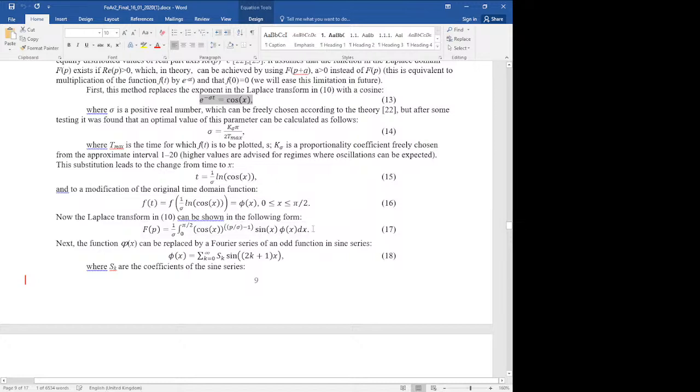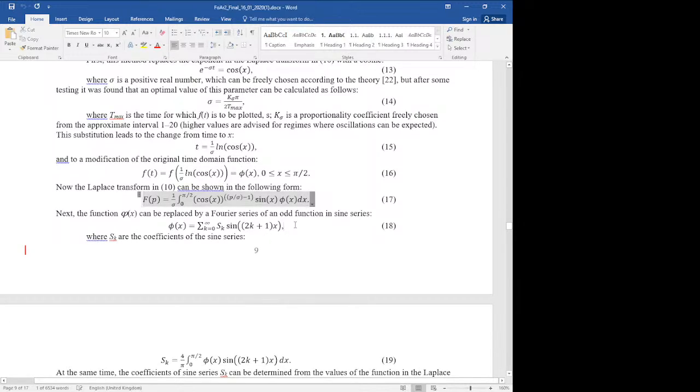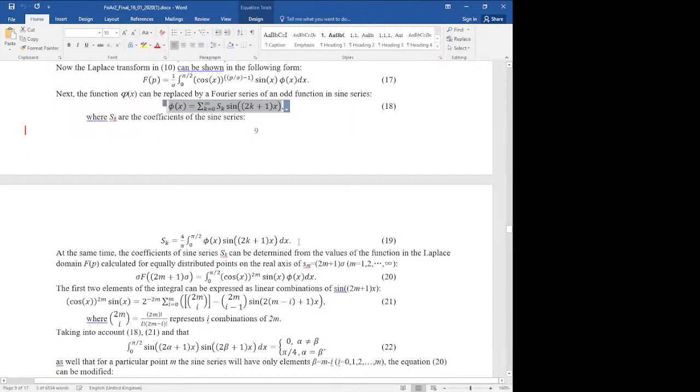The idea is to represent a Laplace transform in such form as shown, and later substitute this inner function with a Fourier series, where the sine series will have coefficients like this, but they can be found from the other side.